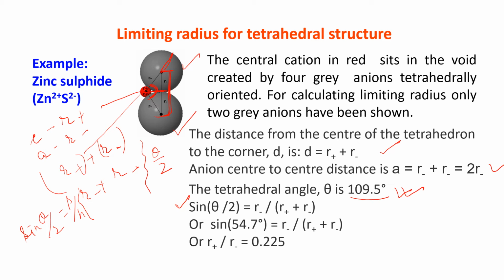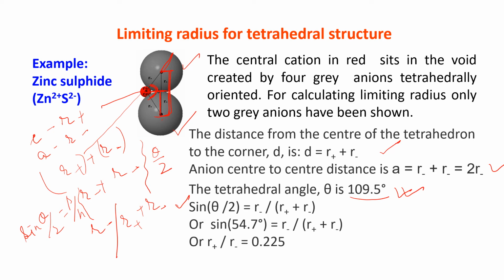P is equal to this r minus from here to here. So that is r minus by, this is your H. Now in H, the radius of the cation plus the radius of the anion is there. So it is coming r plus plus r minus.